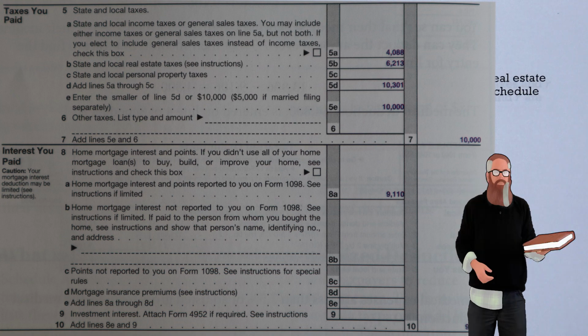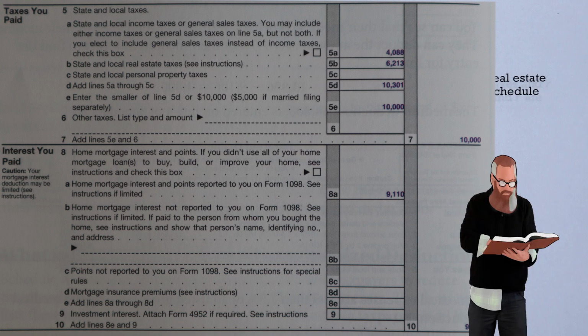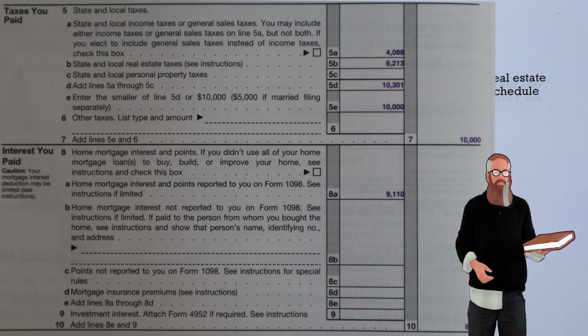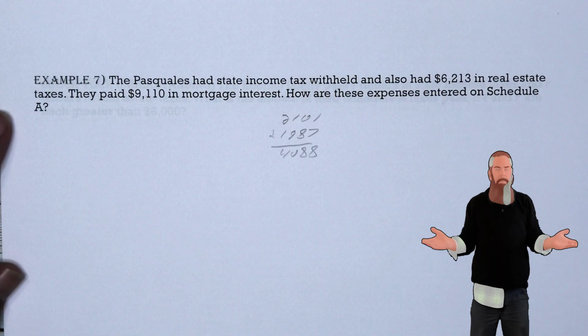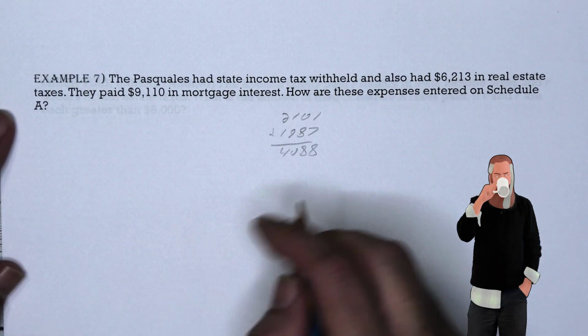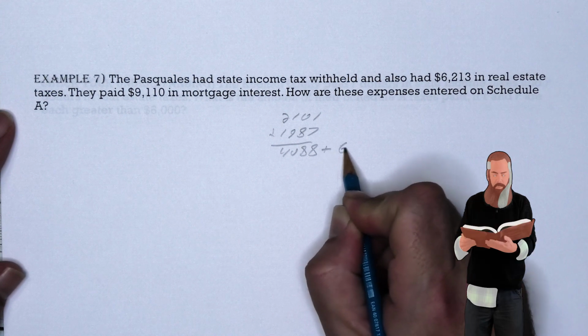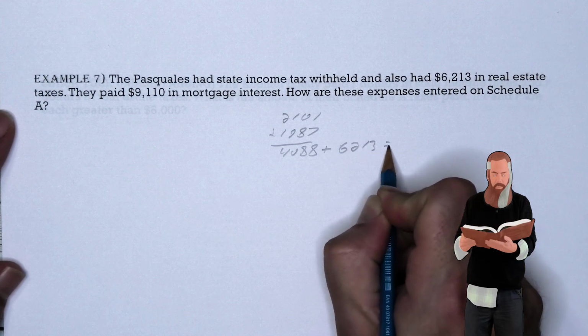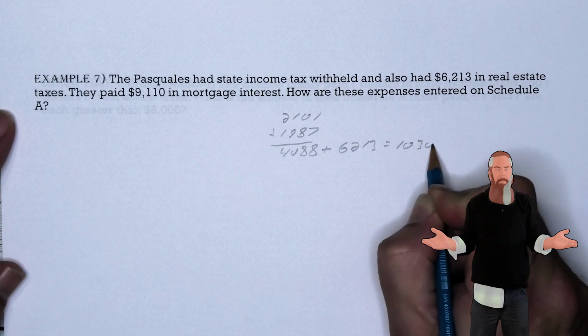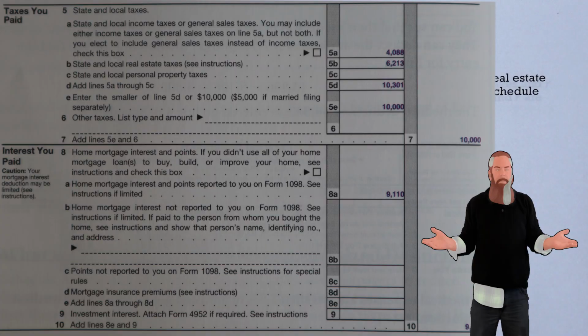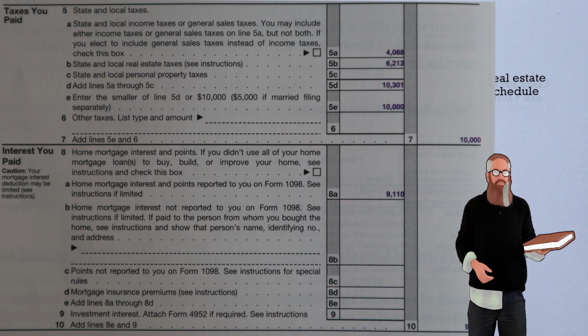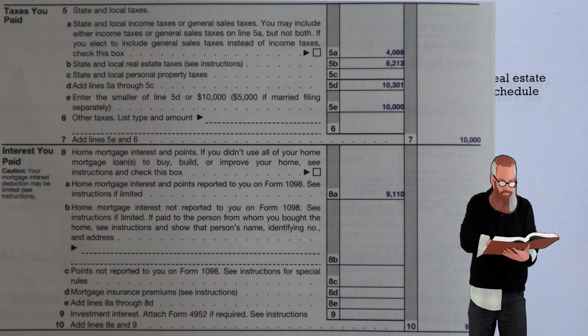The real estate tax of $6,213 are entered into line 5B of Schedule A. Add to find the total tax for line 7 of Schedule A. So we take that $4,088 and we add $6,213 to get $10,301. This amount is entered into line 5D. Look at line 5E.